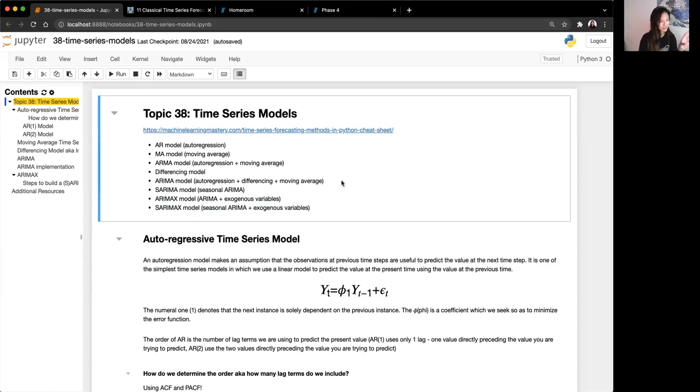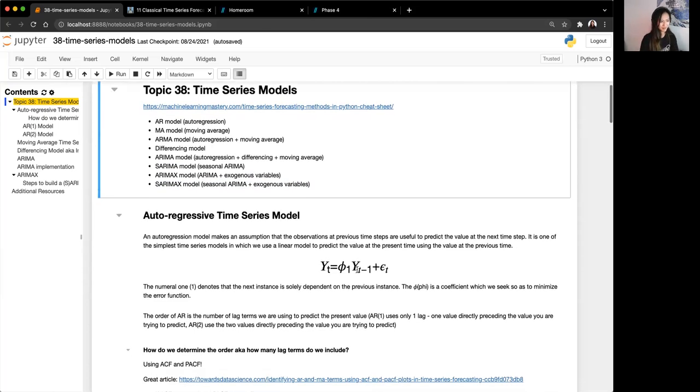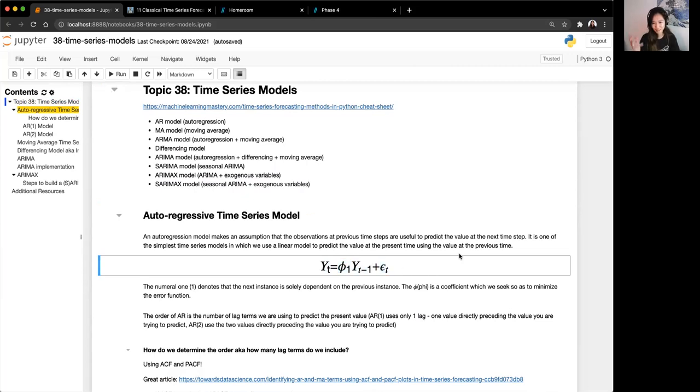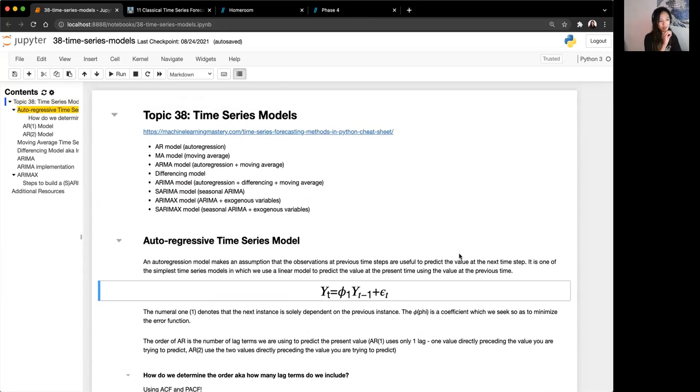And these models all follow a very, very similar structure as linear regression. From this version over here, we're going to get into the weeds of this later, but you can see that there's a y, a y_{t-1}, a coefficient here, and some intercept-looking thing. So they are all linear models.